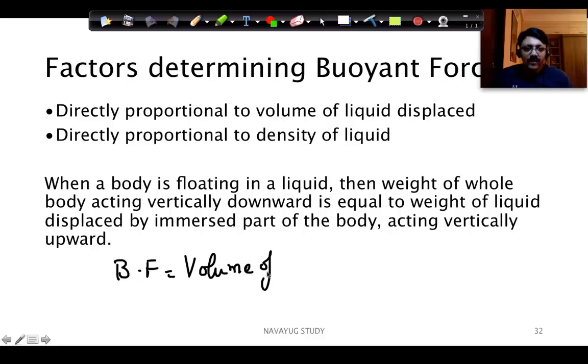Not into the weight. Volume of the liquid displaced into the density of the liquid into G, right?